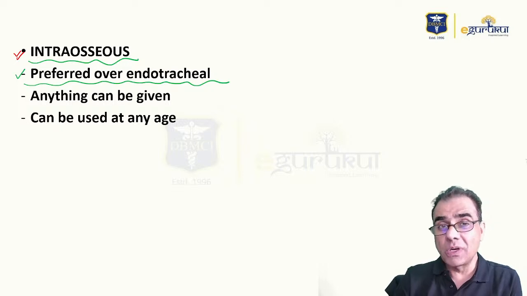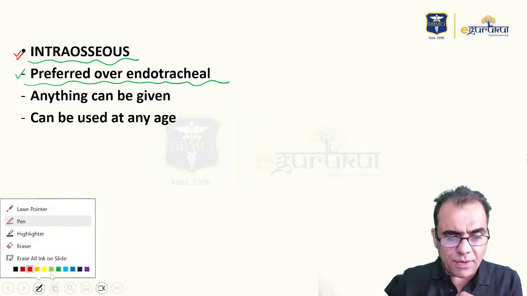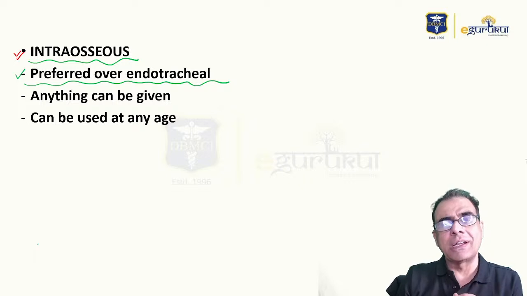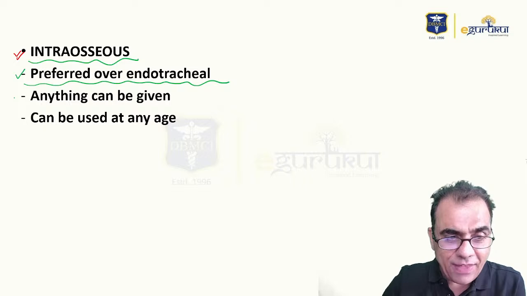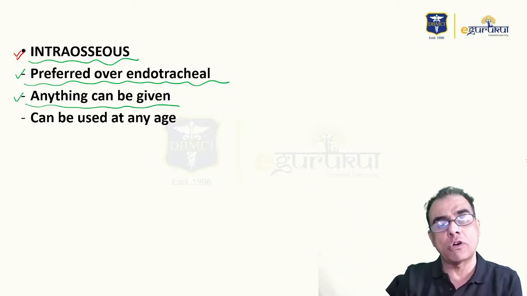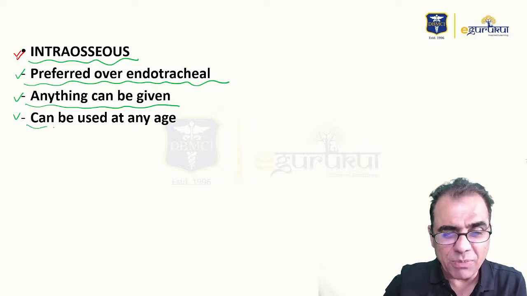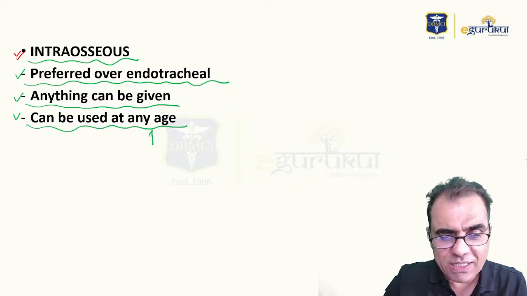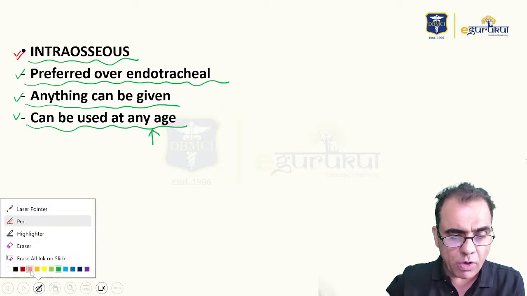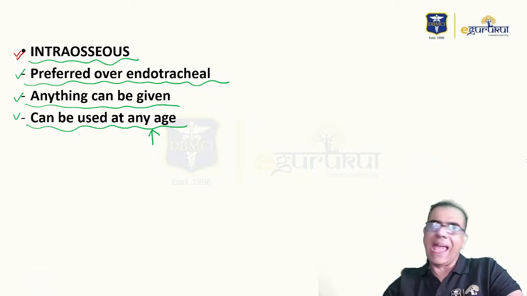Previously, in an emergency, the best route is obviously IV, but if IV is not accessible, then we used to give drugs through the endotracheal route. But now they say intraosseous is preferred over endotracheal. Anything can be given, even blood transfusion or fluids, forget about emergency drugs. And very importantly, it can be used at any age. Previously we were only using the intraosseous route for children less than 6 years. Now it can be used at any age.